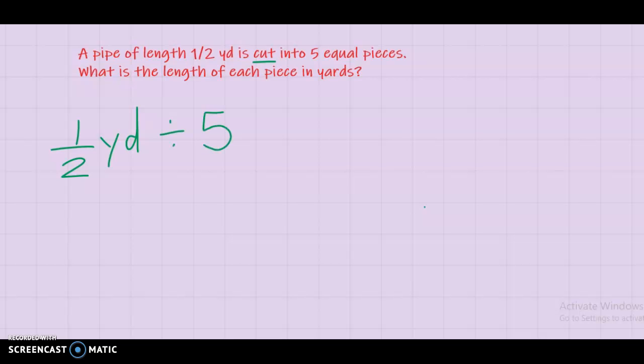So 1/2 yard divided by 5. And that is the same as writing it as 1/2 yard times 1/5 of 5 equal parts.